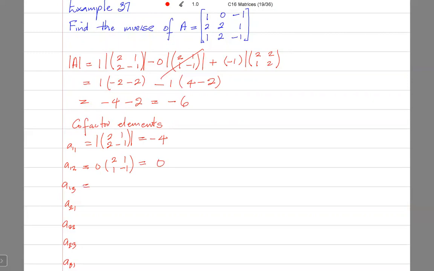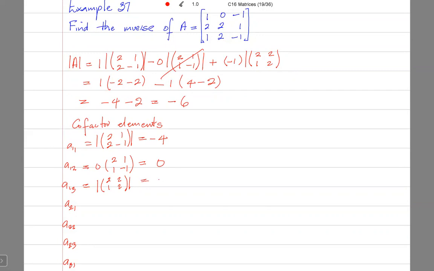Third one, we have the determinant of 2, 1, 2, 2, and we worked this out already. The determinant here would be 4 minus 2, which is 2.